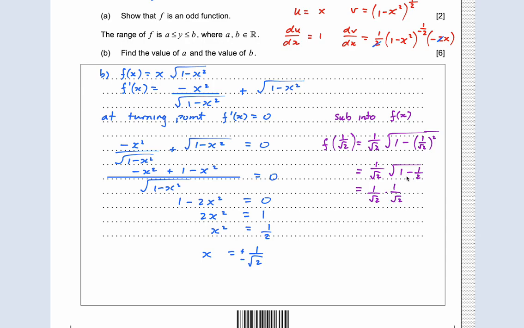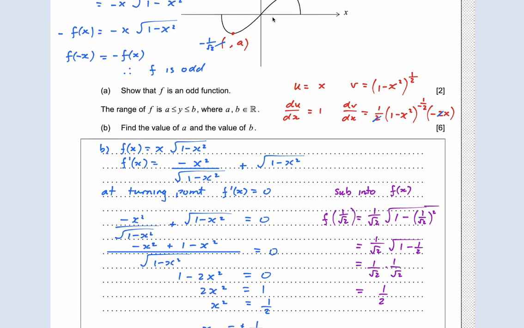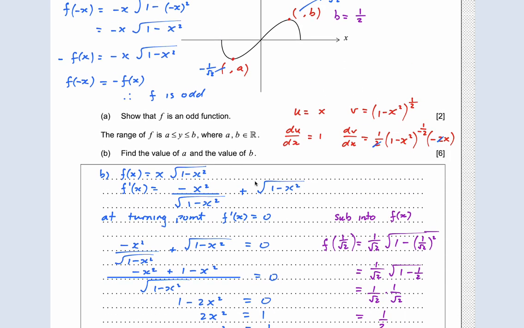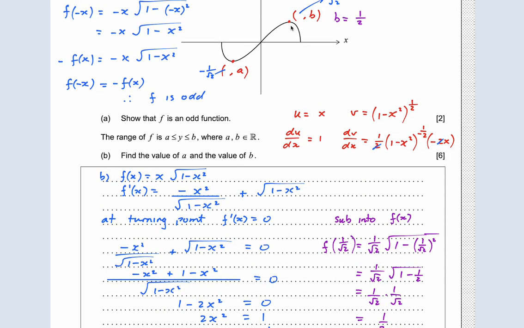Because, again, this is 1 minus a half, which is root a half, and root a half is the same as 1 over root 2. And that is equal to a half. So this coordinate here, b, so b equals a half. And now, guys, we know that this is an odd function.